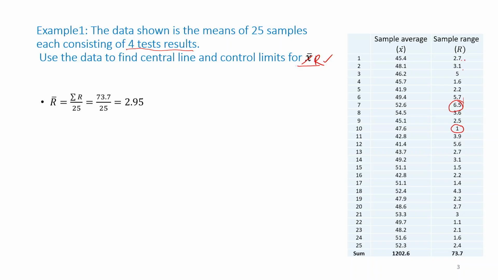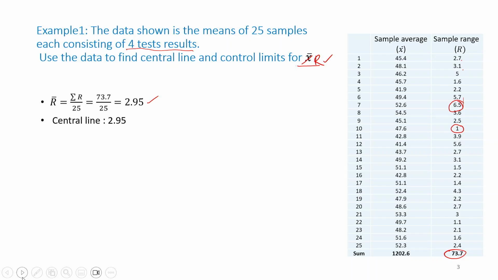So these are the individual ranges. To get the average range, we have to sum them up. So when we get the summation of the ranges, it is 73.7 divided by n. So n is 25. Therefore the average range is 2.95 in this case. So that is the value of average range.